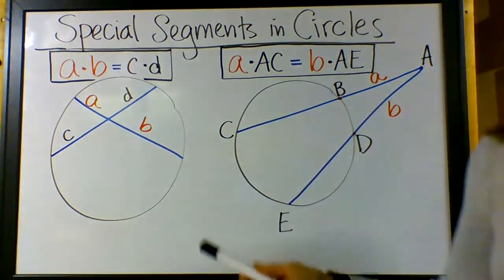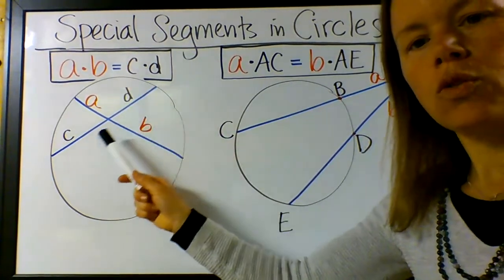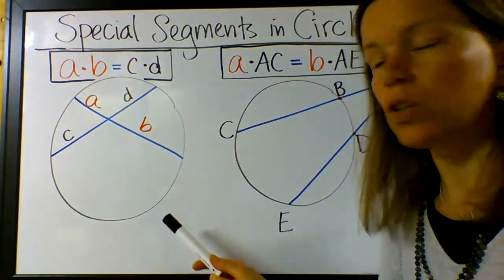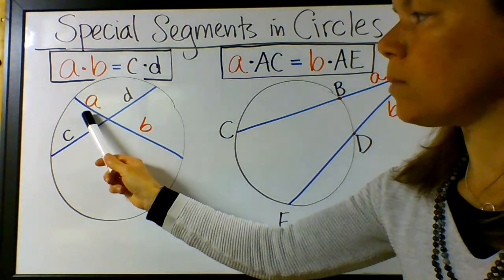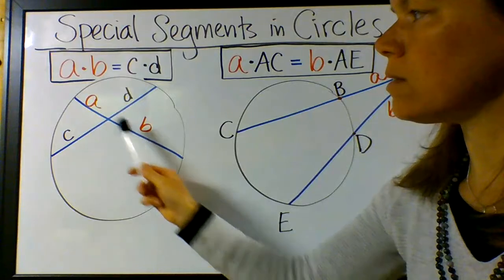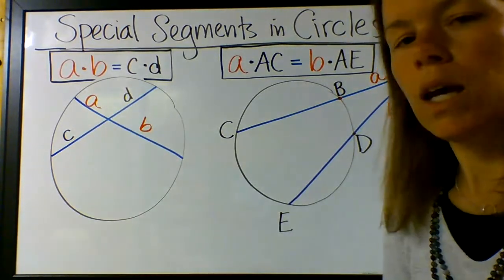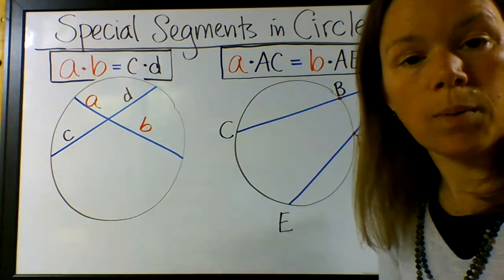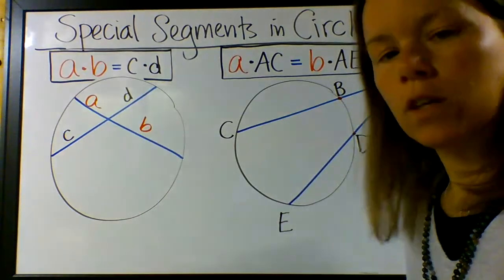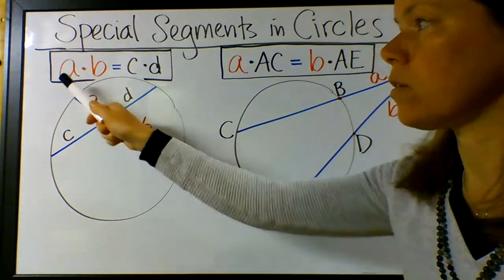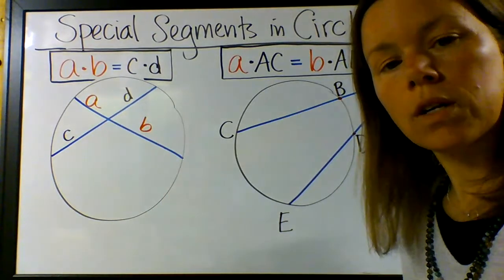Okay, so special segments in circles. We could have this situation where two segments intersect inside a circle. If they intersect inside a circle, then we can name the parts of one segment A and B, and we can name the parts of the other segment C and D. And what we find, if you wanted to experiment with this in GeoGebra, is that the segments of one of the chords times each other, so A times B, equals the segments of the other chord times each other.